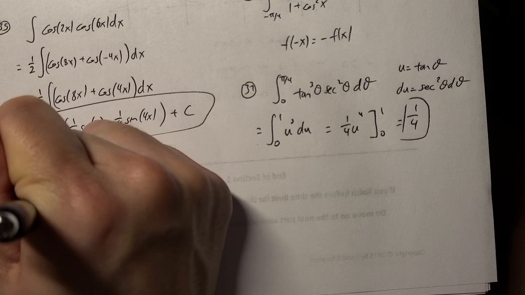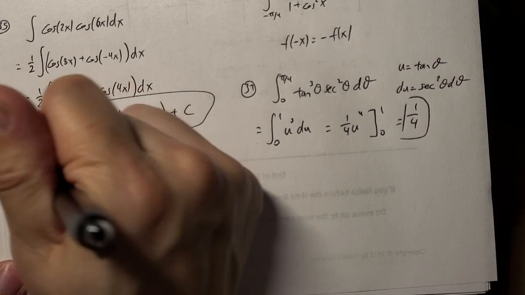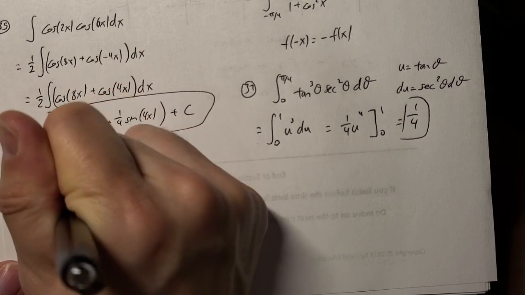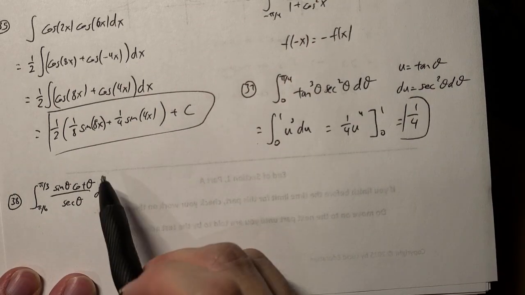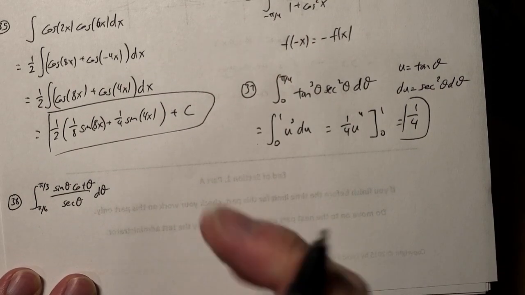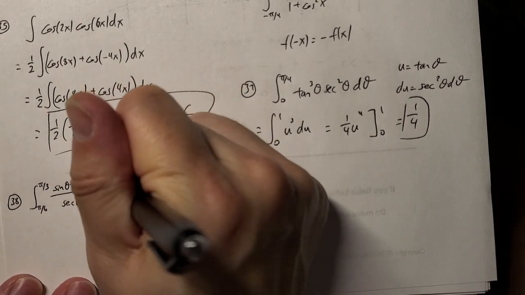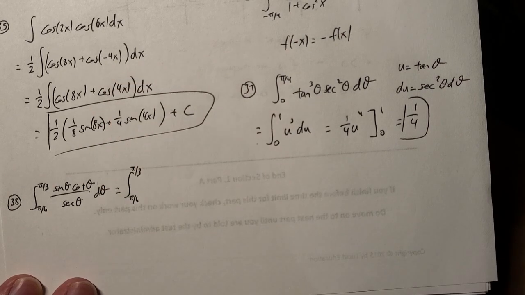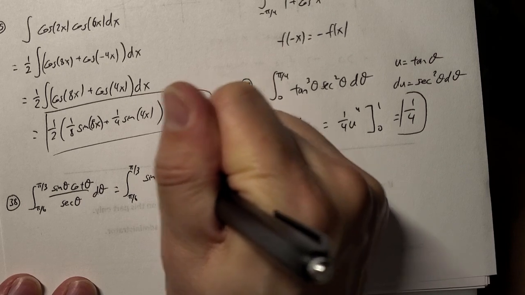38, integral from pi over 6 to pi over 3 of sine theta cotangent theta over secant theta d theta. Like in the previous problem, I don't like cotangents, so let's write everything in terms of sine and cosine, including this secant. Okay, so this would become, limits don't change, sine theta times cosine theta over sine theta.